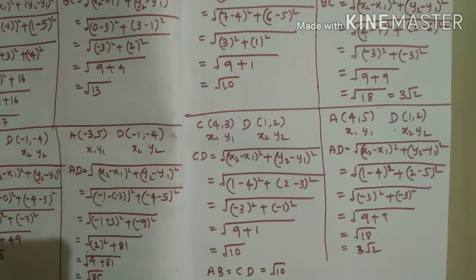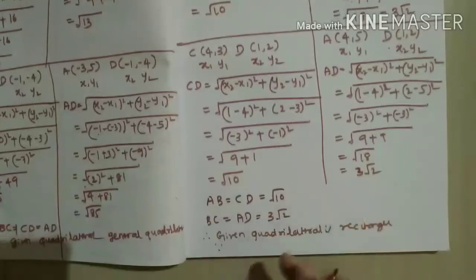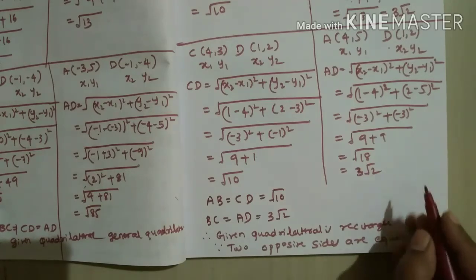See, if two opposite sides are equal, we can say here, therefore, the given quadrilateral is a rectangle. What is the reason for that? Because two opposite sides are equal. How can we say opposite sides are equal here?